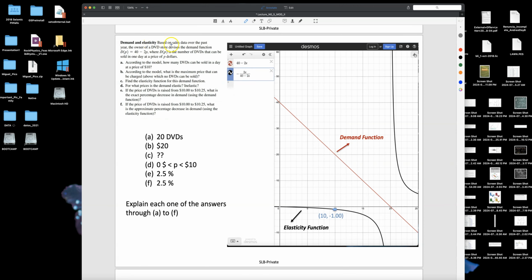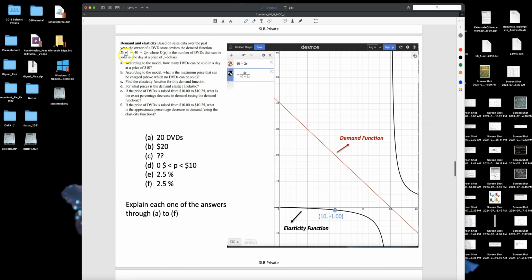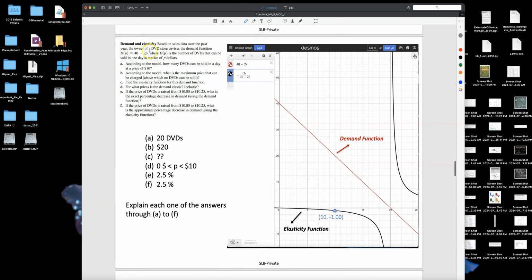Okay. Based on sales data over the past year, the owner of a DVD device store, I mean, this owner sells DVD devices, the demand function based on price is modeled by this linear function. Okay, so that is the demand.